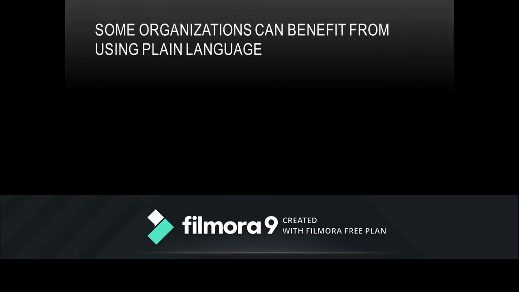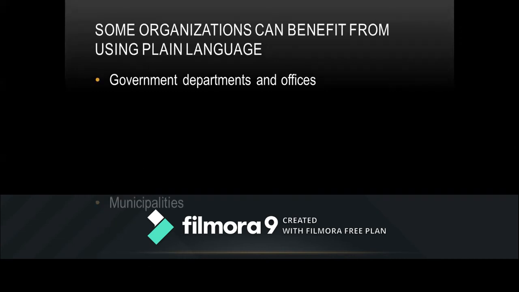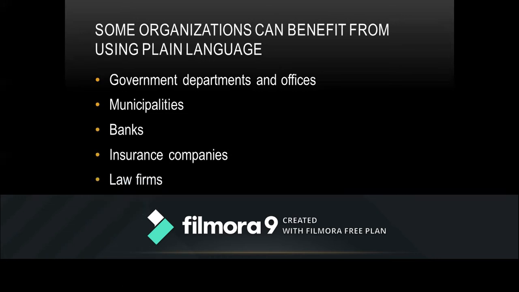All right, now here are some organizations that can benefit from using plain language. So government departments and offices, municipalities, banks, insurance companies, law firms, legal advisory services, of course, schools, IT companies, and more. So marami, talaga marami.